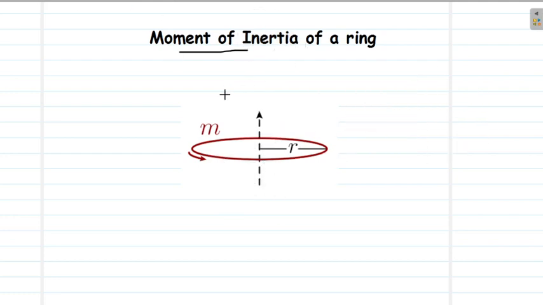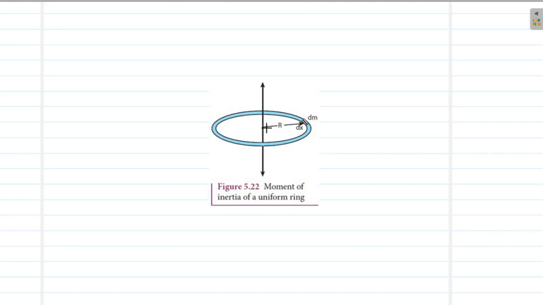Initially, when the axis passes through the center of the ring, perpendicular to its plane, the moment of inertia will be summation m_i r_i square. And since this is a continuous mass, we can do integral dm r square. Here you can see that the distance from the axis to all the mass points remains fixed.